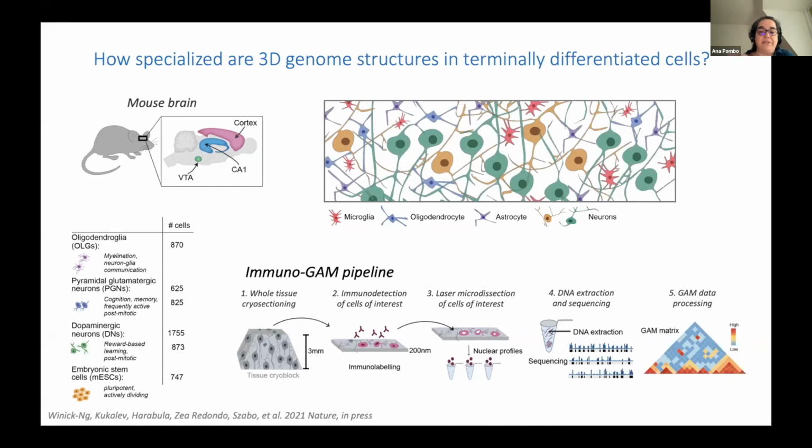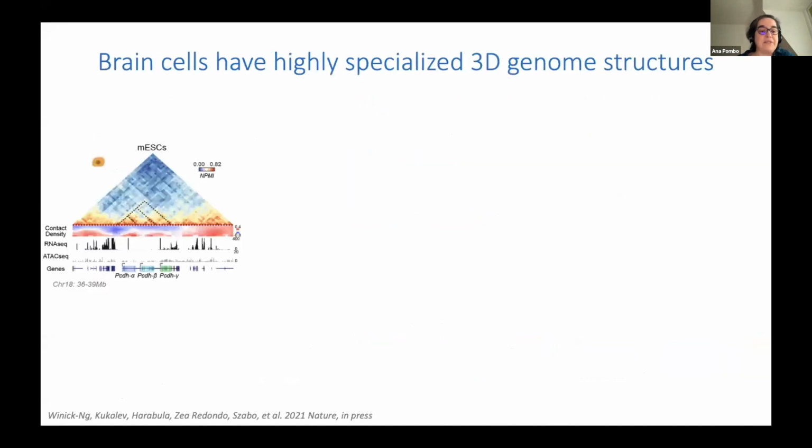So the first thing is really how different are these maps. I just show you one example where we look at the protocadherin locus on chromosome 18. We're looking at the 3 megabase region, and in ES cells you see perhaps the typical TAD organization that we are so used to seeing in many beautiful studies so far.